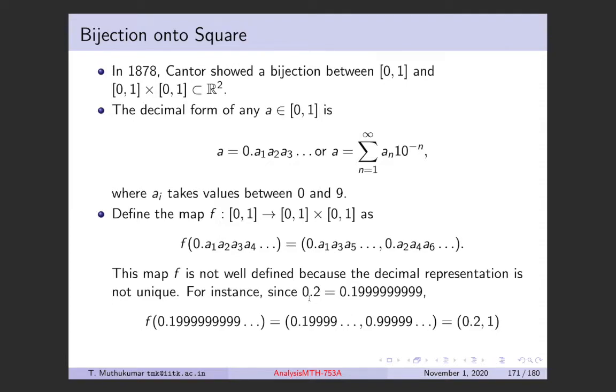Whereas if we use the other decimal expansion of that number, f of 0.2 is (0.2, 0). So the same number under this map is mapped to two different elements in the square. So the map is not well defined, at least the way we have defined it.